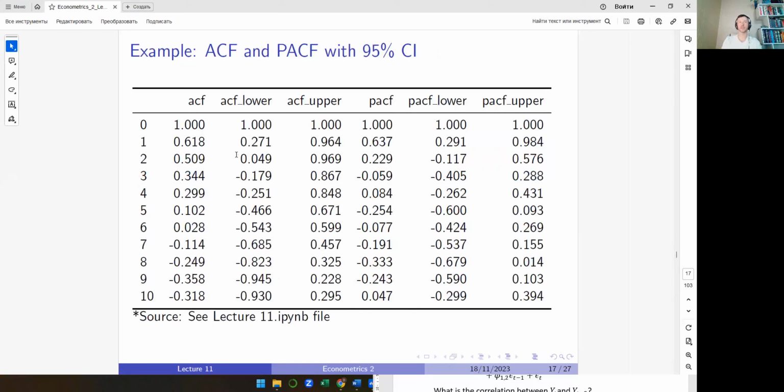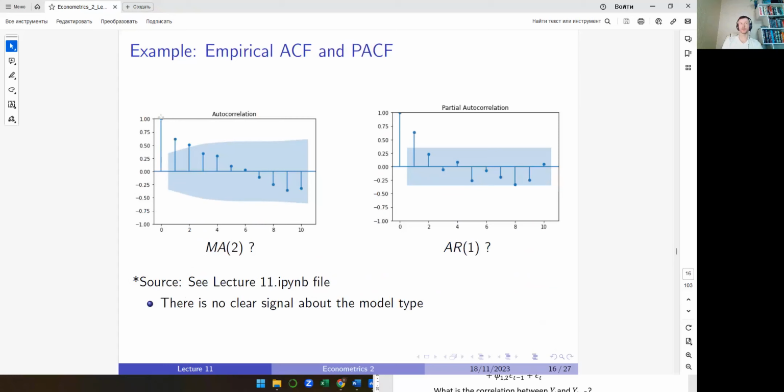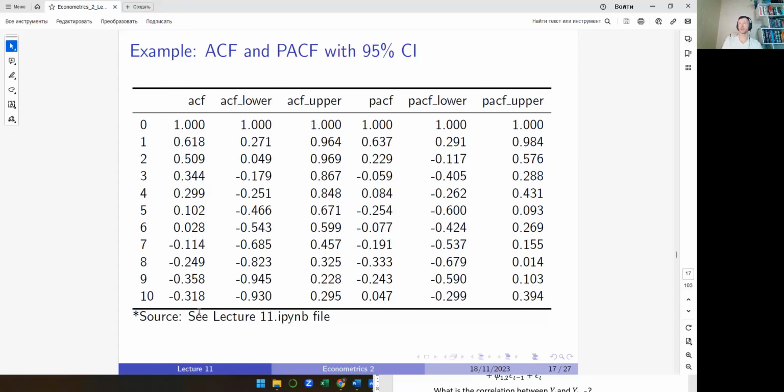What does this table show us? Basically, these are the estimated values of ACF, here in the first column. These are the borders of the confidence interval, lower border and upper border.